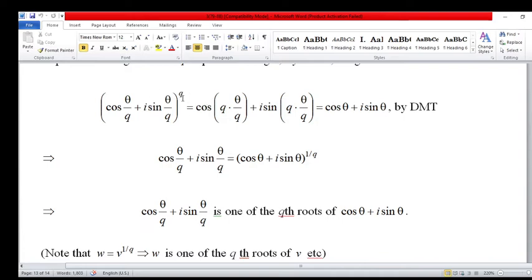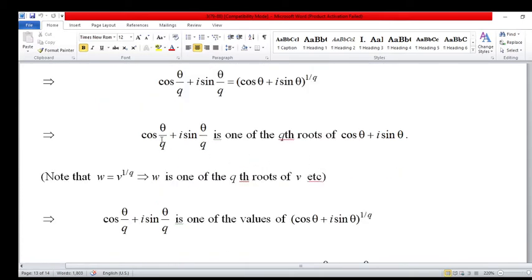Apply the first condition, q is positive. So by the first condition, cos q into theta upon q plus i sin q into theta upon q is equal to cos theta plus i sin theta, q cancels. We obtain cos theta plus i sin theta by the first condition of DMT. Now the left hand side, cos theta upon q plus i sin theta upon q raised to the power q, and transferring the power to the right hand side, we get cos theta plus i sin theta raised to the power 1 upon q.